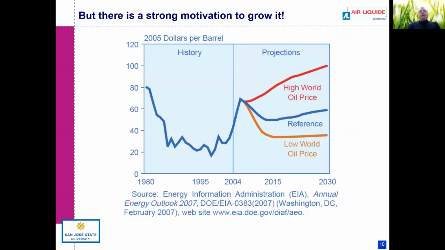So then this is interesting because this was quite old. This was when this study was done, and they were trying to project the oil price, right? And of which of these three do you think is most likely what we have today? The red.